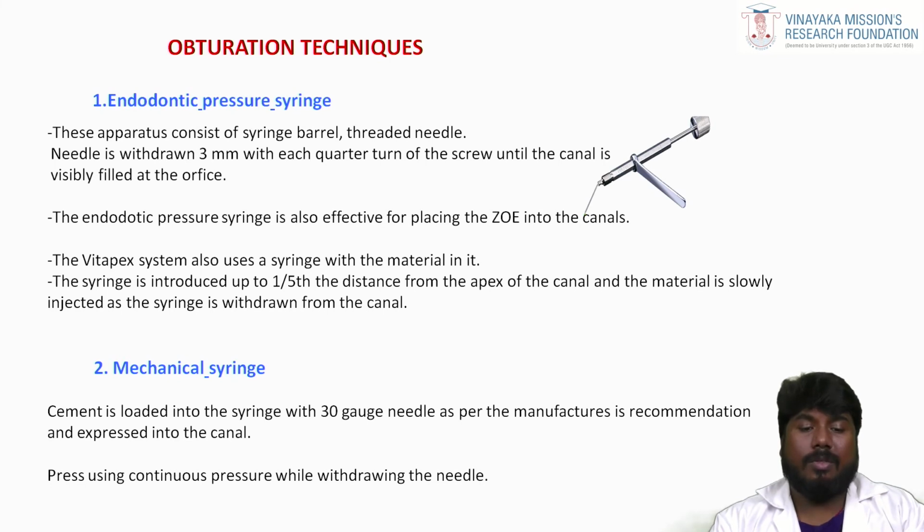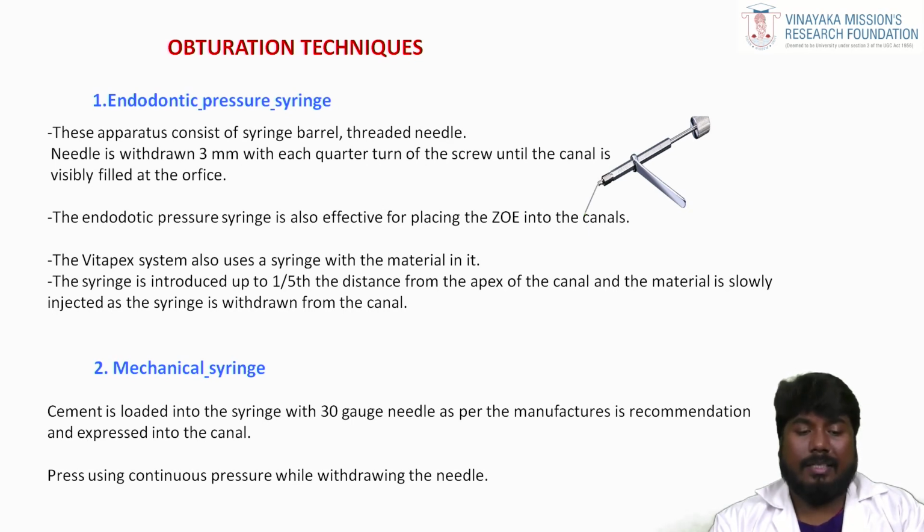The Vitapex system is also used in the syringe. The syringe is introduced to 1/5 of the distance from the apex of the canal and the material is slowly injected, and the syringe is slowly withdrawn.